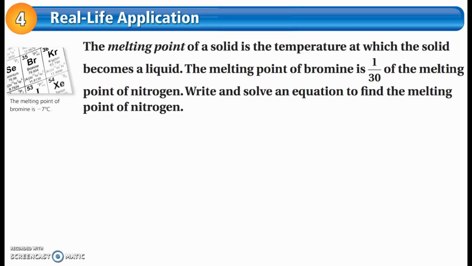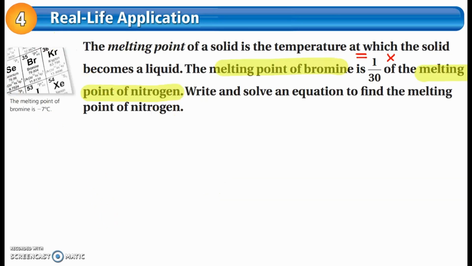All right, example number 4. The melting point of a solid is the temperature at which the solid becomes a liquid. The melting point of bromine is, we would use the symbol equals, 1/30 of, where of is a multiplication, the melting point of nitrogen.